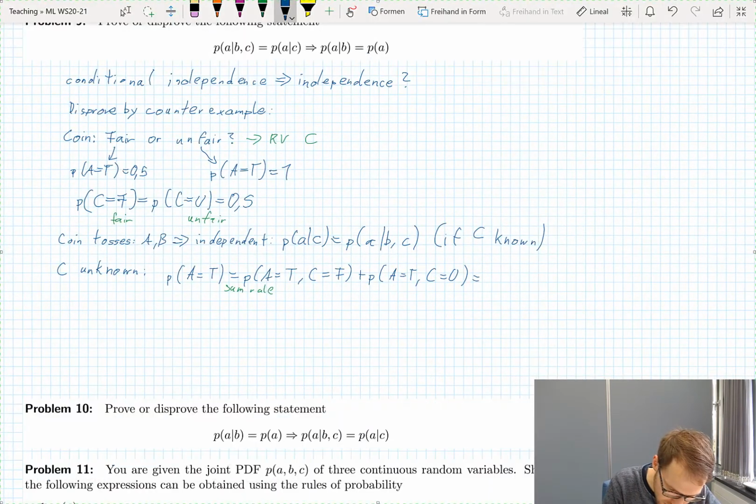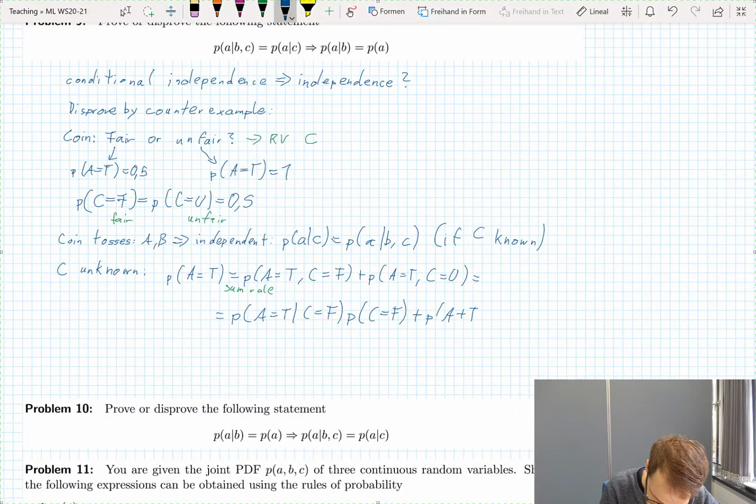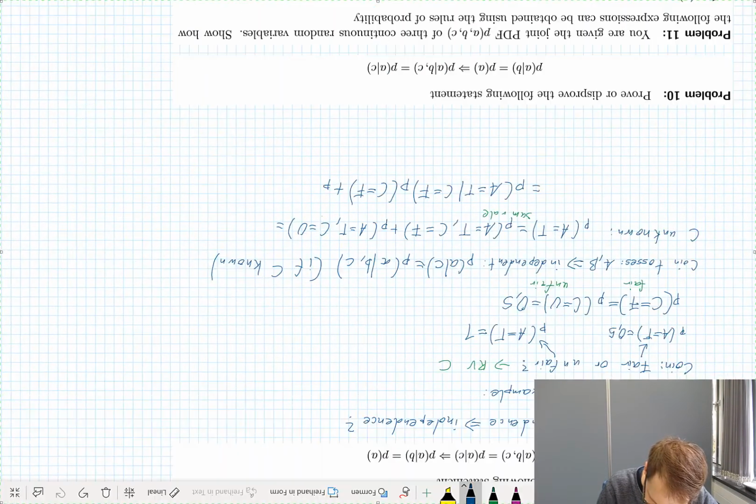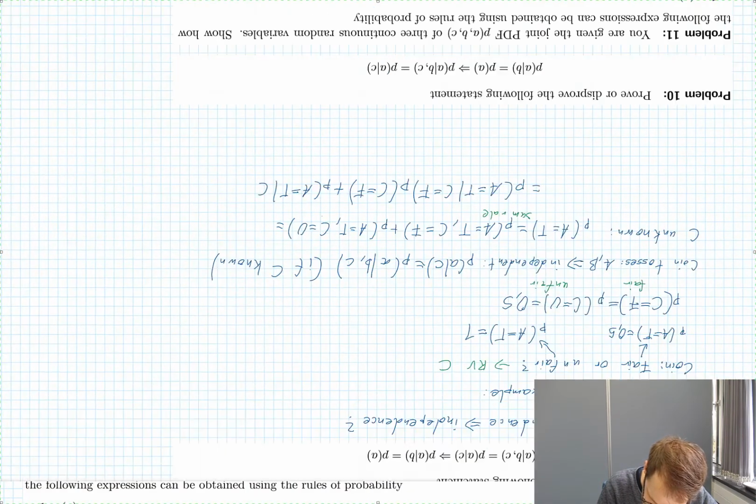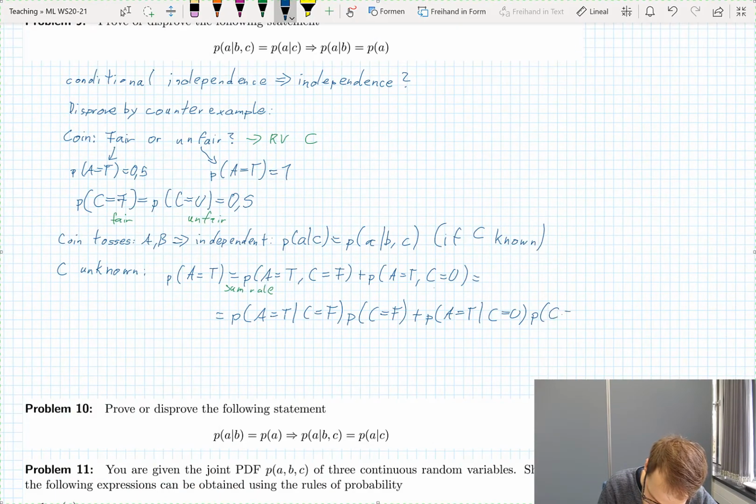And then that is the same as P of A equals tails, given that C equals fair, times the probability of C equals fair, plus the same thing on the other side. A equals tails, given C equals unfair, P of C equals unfair.